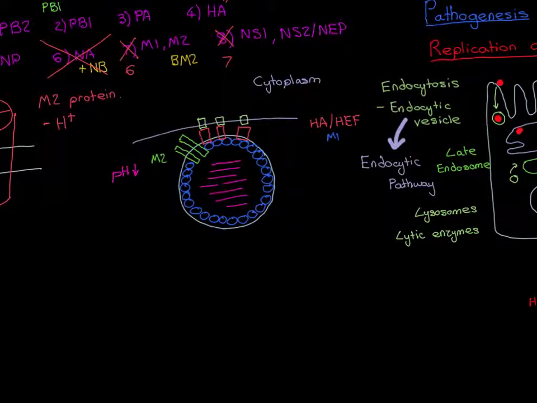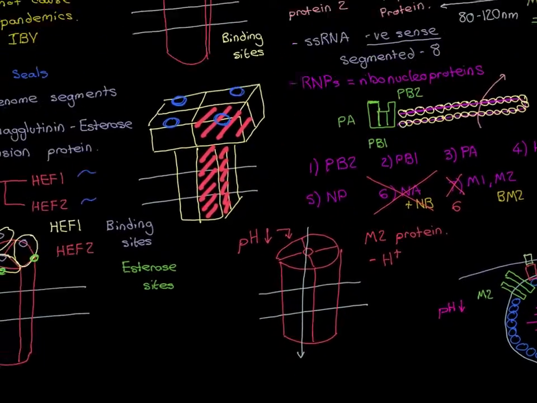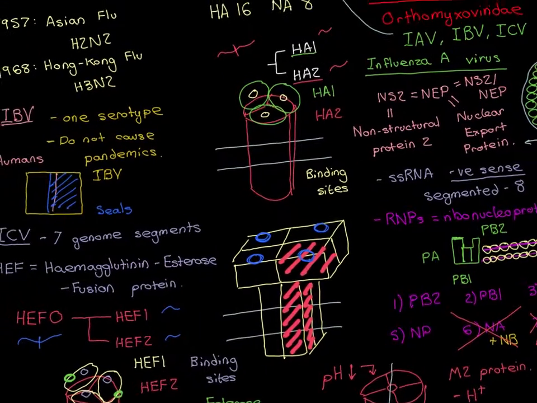Now, what's going to happen is the hemagglutinin 2 or the hemagglutinin esterase fusion 2 polypeptides within the trimer are going to change conformation, and they're going to stick out something called a fusion peptide that is going to stick into the endosomal membrane. So let me just see if I've got my, I do, excellent, it copied well.